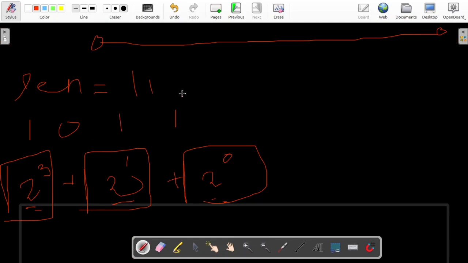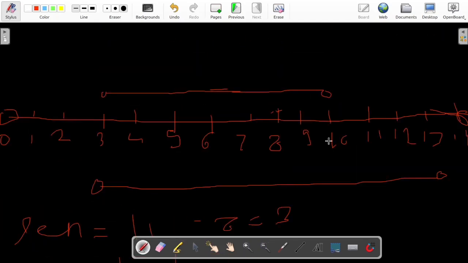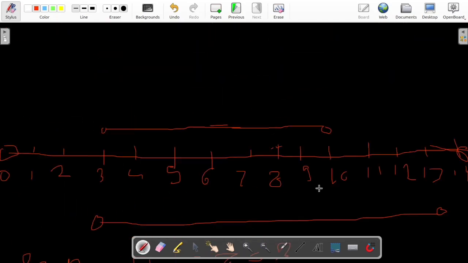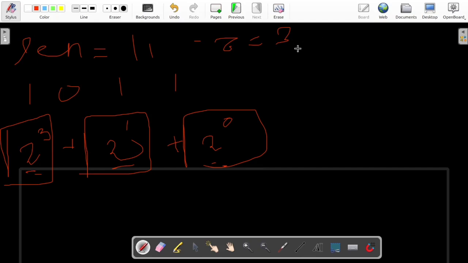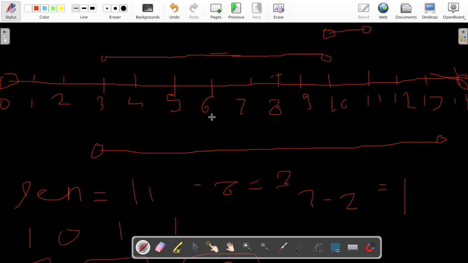But if you subtract 8 from 11, we are still left with 3. So 3 is made using the powers of 2 to the power 1 and 2 to the power 0. So we need to consider a segment of 2 to the power 1 again, that is from 10 till 11. But still 3 minus 2 is 1. We have already found the answer from index 3 till index 11, but our range is still 12.